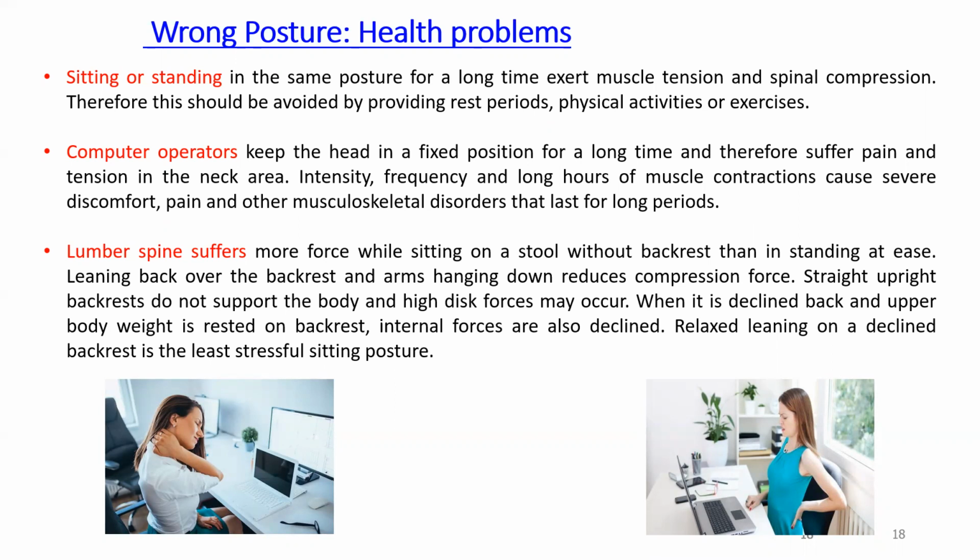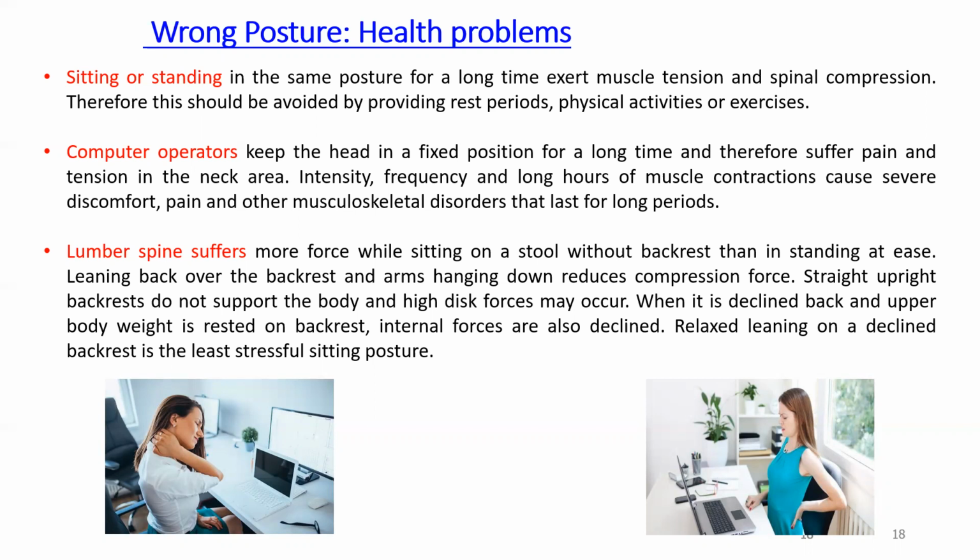So leaning back over the backrest and arms hanging down reduces the compression force. A straight upright backrest does not support the body and high risk forces may occur. So when it is declined back and upper body weight is rested on the backrest, internal forces are also reduced. So relaxed leaning on a declined backrest is the least stressful sitting posture.